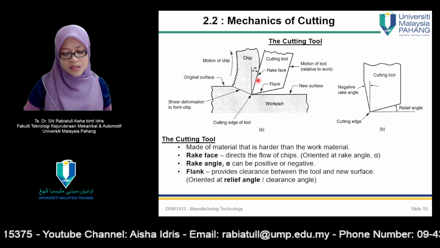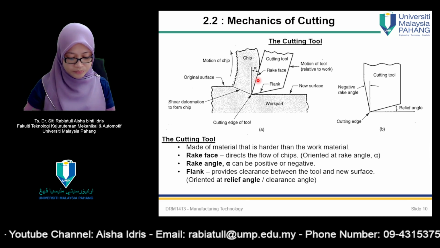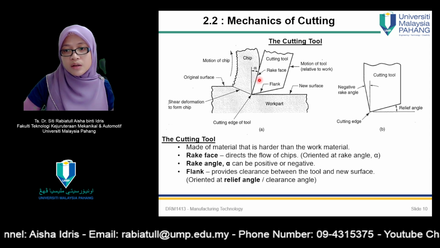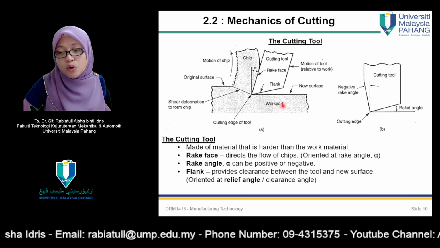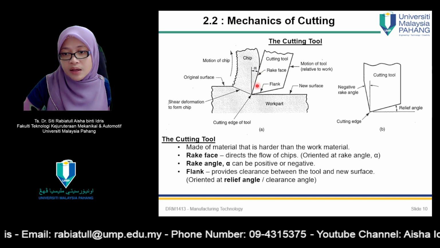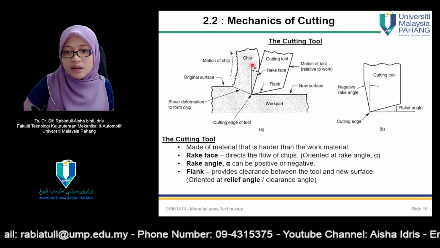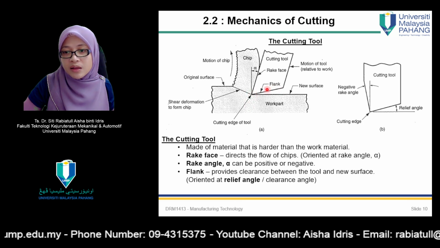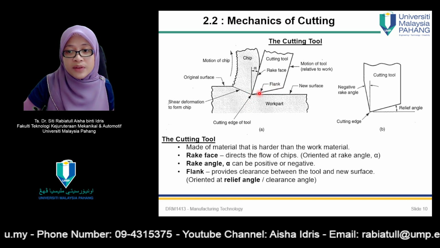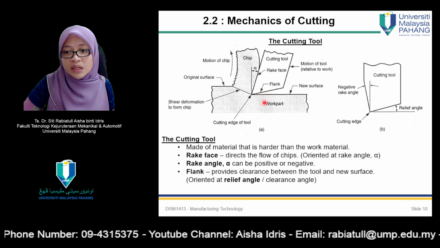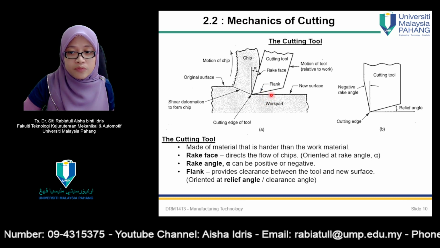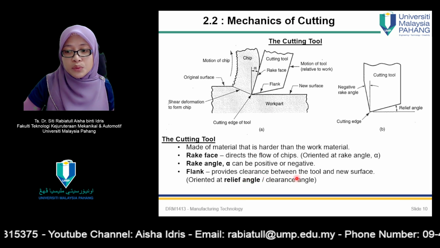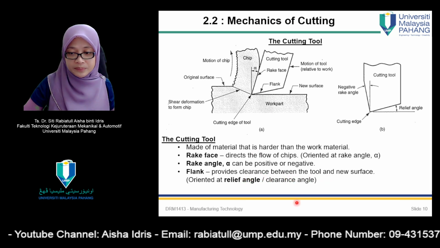The rake is the cutting face relative to the work part or workpiece, and it has a rake angle over here. And the flank, this is the other surface of the cutting tool, which is relative to the other part of the work part, and it provides clearance between the tool and the new surface.